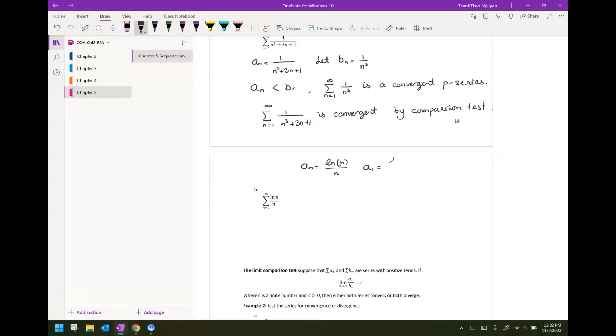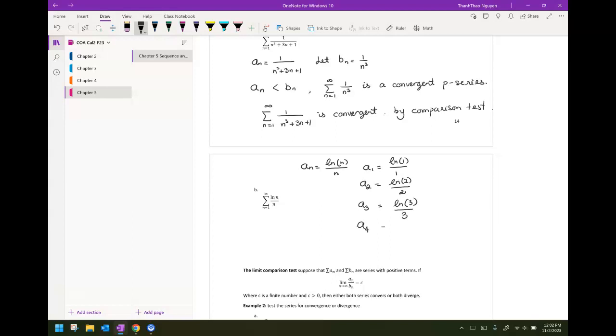A sub 1 equals ln of 1 divided by 1. A sub 2 equals ln of 2 over 2. A sub 3 equals ln of 3 over 3.